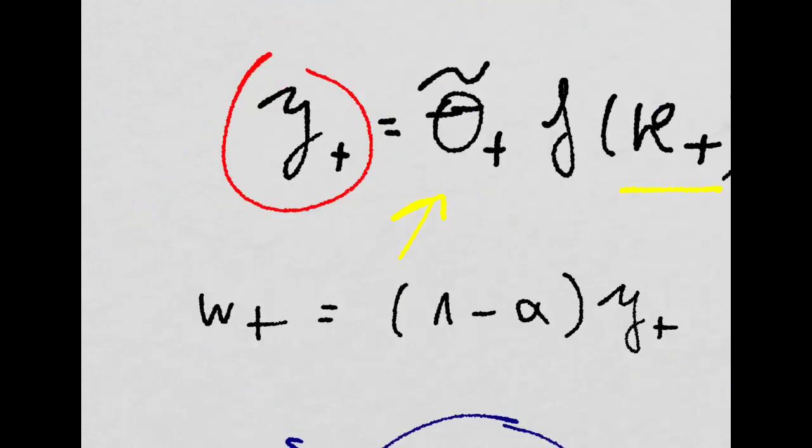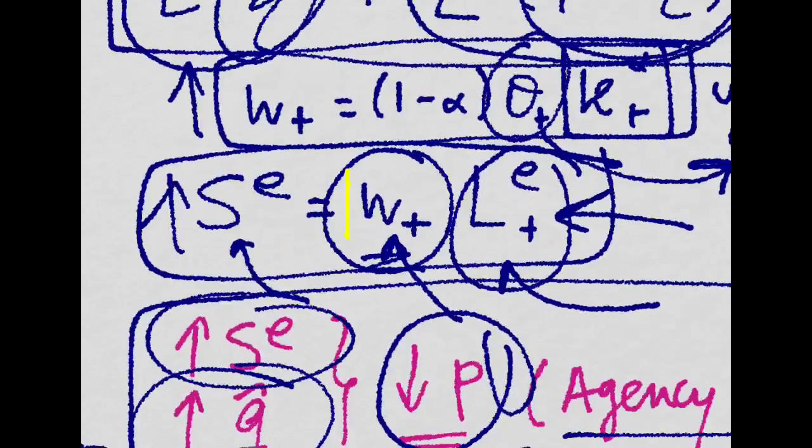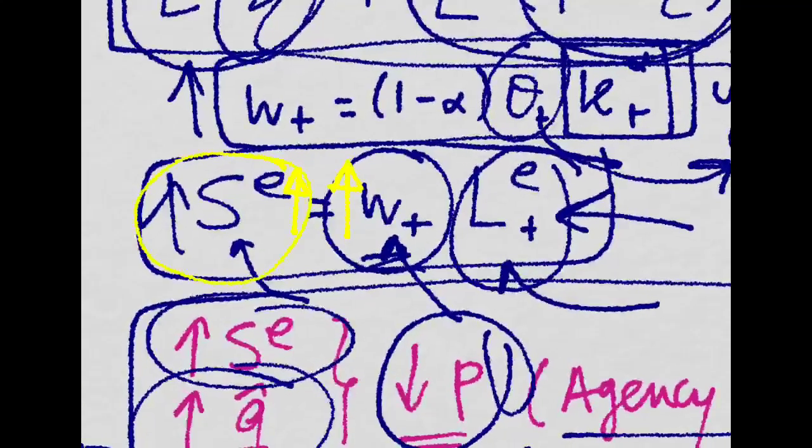So basically, this positive productivity shock increases output, and when output increases, the wages also increase because wages, a fixed fraction of output, go into wages. Now remember, the higher the wages, the higher the wealth of the entrepreneurs, so the more they can put into their own project.